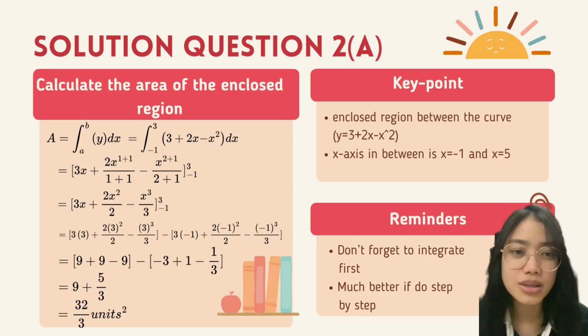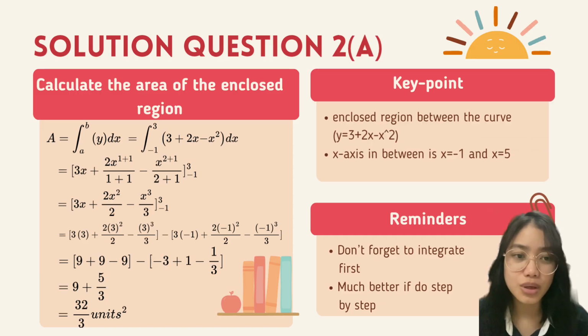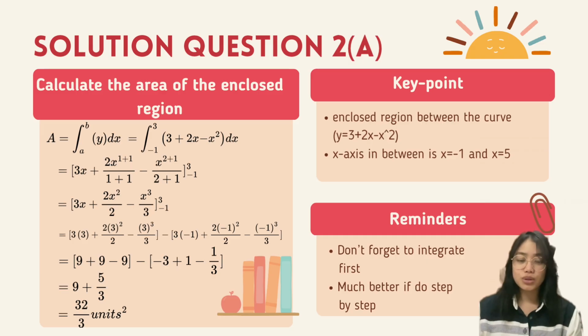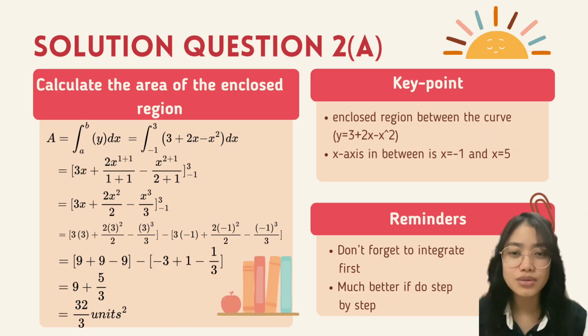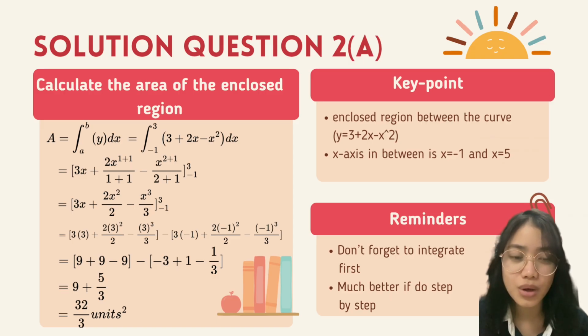minus x squared) dx. After that, we integrate it into 3x plus 2x squared over 2 minus x cubed over 3, with the limits outside of the bracket, where the upper limit is 3 and the lower is negative 1.